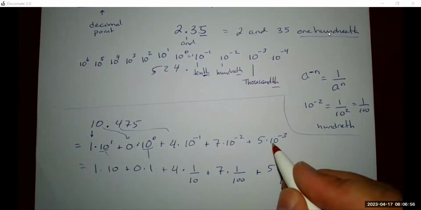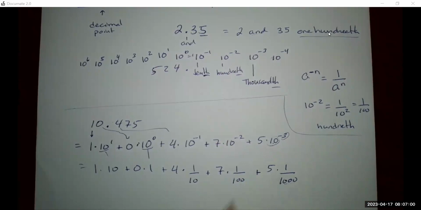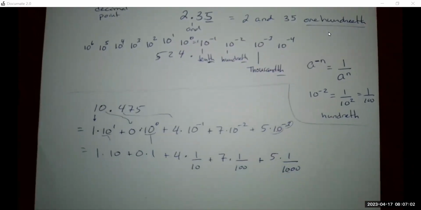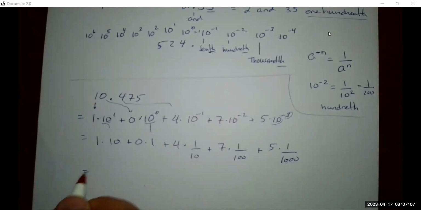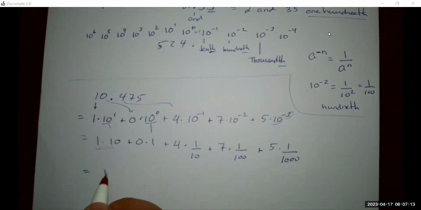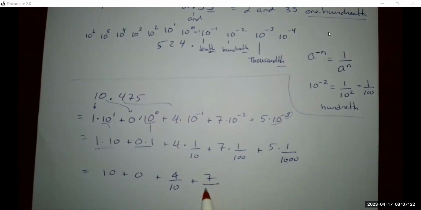Remember, if your base is 10, the exponent tells you how many zeros you have after the 1. All right, so it's 10 plus 0 plus 4 over 10, 7 over 100, 5 over 1,000.